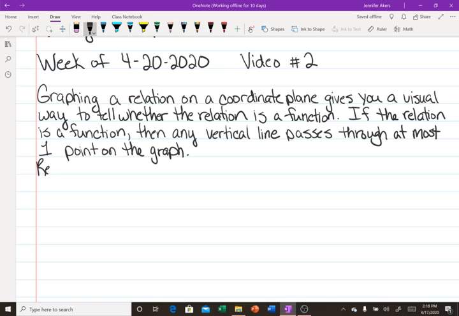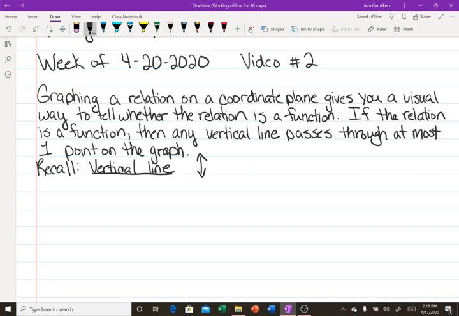So let's recall what a vertical line is. Vertical line: up and down, no side to side, straight up and down.